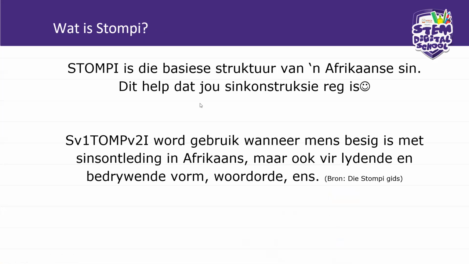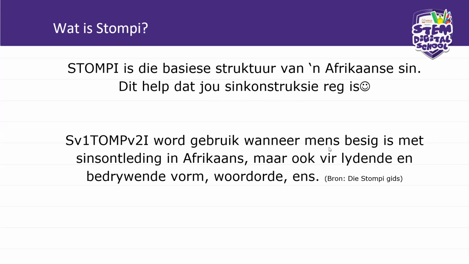Stompie is die basiese struktuur van die Afrikaanse sin. So it's the basic structure of an Afrikaans sentence. Dit help dat jou sinskonstruksie reg is. It helps us that our sentence construction is correct. And then they give us the entire Stompie symbol here.